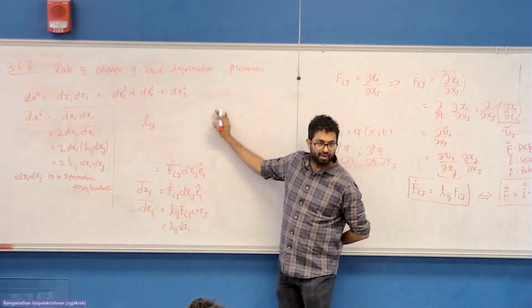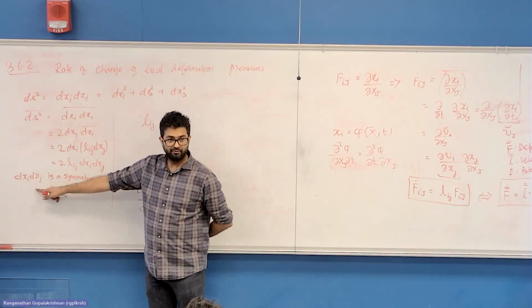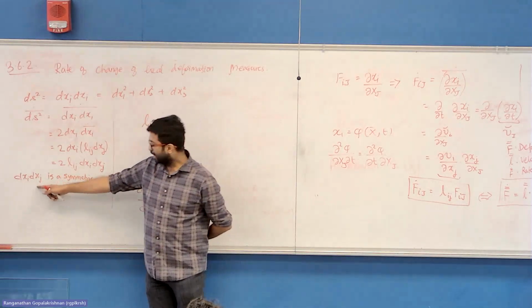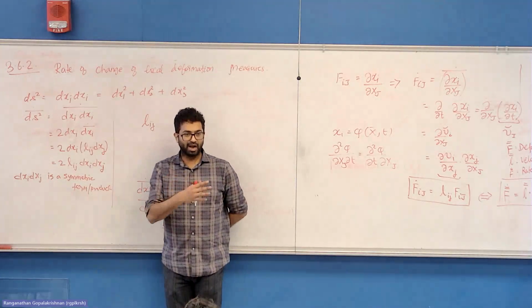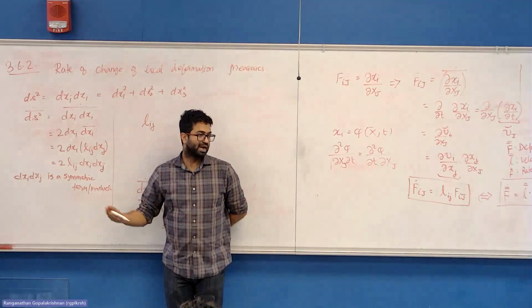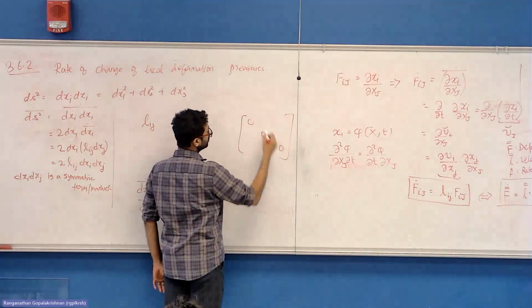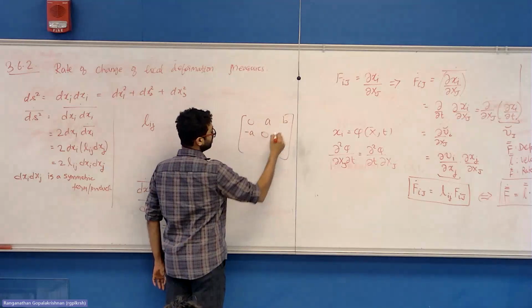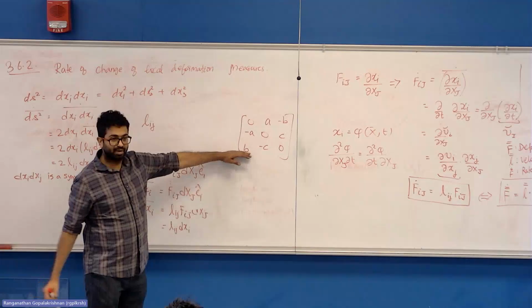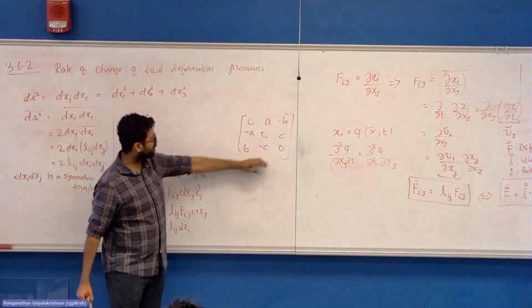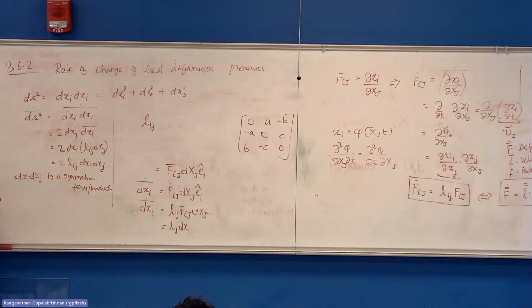Any tensor can be split up that way. If you have dx_i dx_j, which is symmetric, and you multiply that with an anti-symmetric component, that will all add up to 0. Because an anti-symmetric component by definition looks like this: 0, a, b; minus a, 0, c; minus b, minus c, 0. If you multiply this with a symmetric component, that part will not contribute anything.